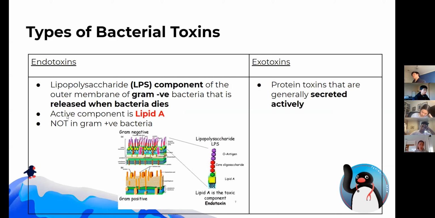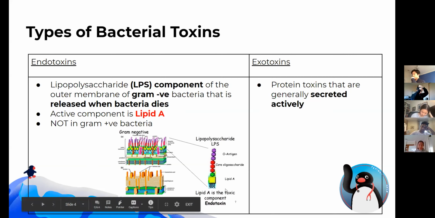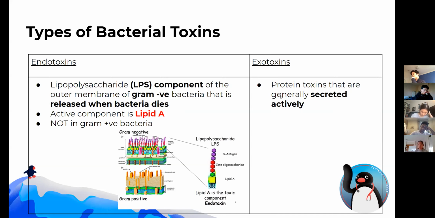The active component of the LPS that makes the endotoxin a toxin is the lipid A component, which you can see in this diagram here. Exotoxins, based on the name, are toxins that are actively secreted whilst the bacteria is still alive.